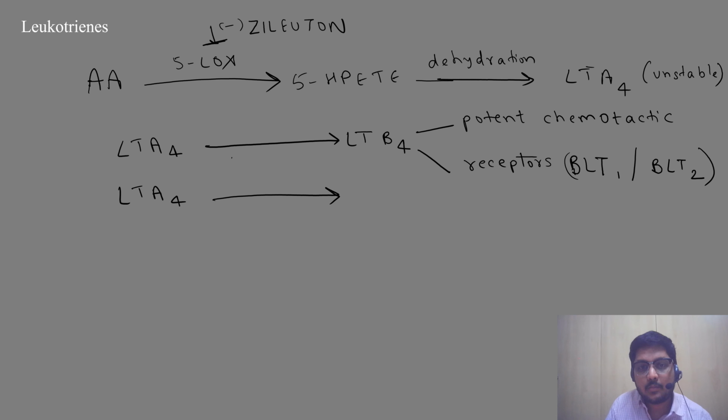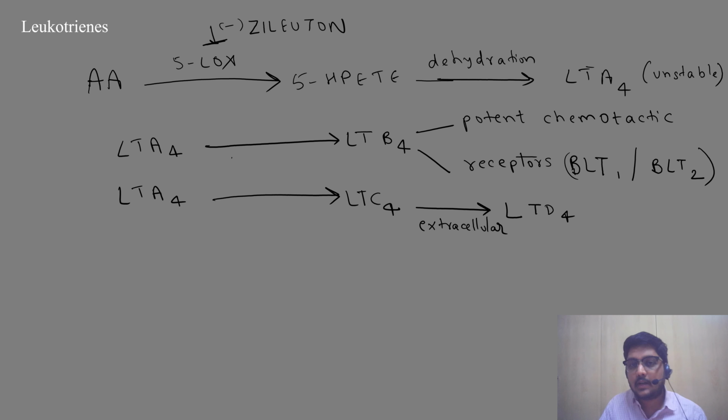It may transform to LTC4. Again this LTC4 transforms into LTD4. It occurs extracellularly. When LTC4 goes out of the cell, this conversion will happen. Or it may convert into LTE4 also.